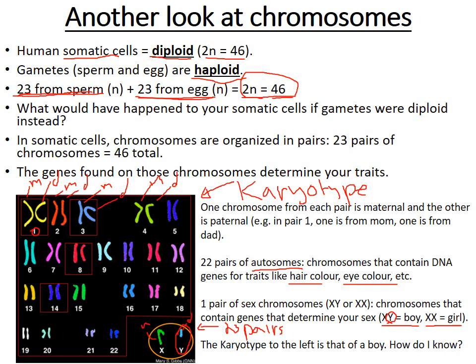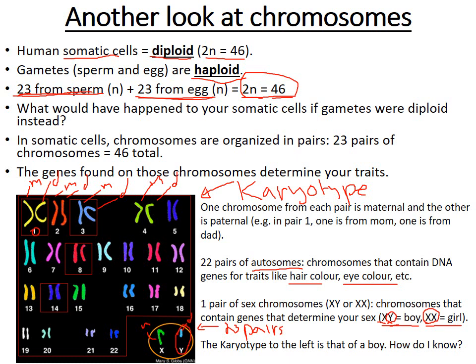Mom, dad. So dad could give an X chromosome or a Y chromosome. It's a 50-50 chance. If the father gives X, then the individual will develop into a girl, and if the father gives Y, then the individual will develop into a boy. A mother can only give X because she only has X chromosomes as sex chromosomes.